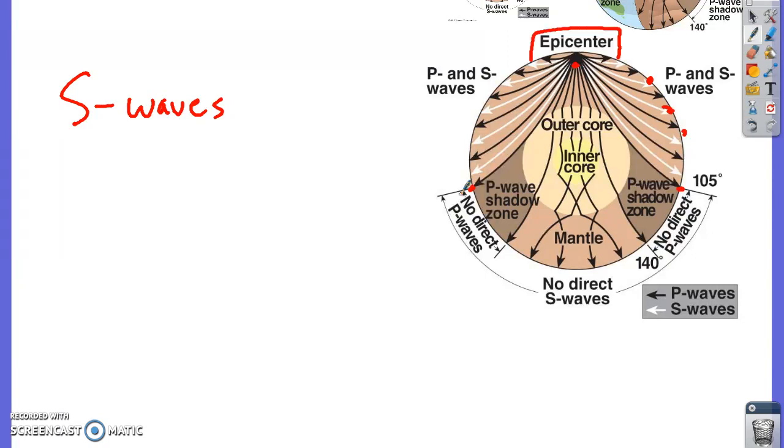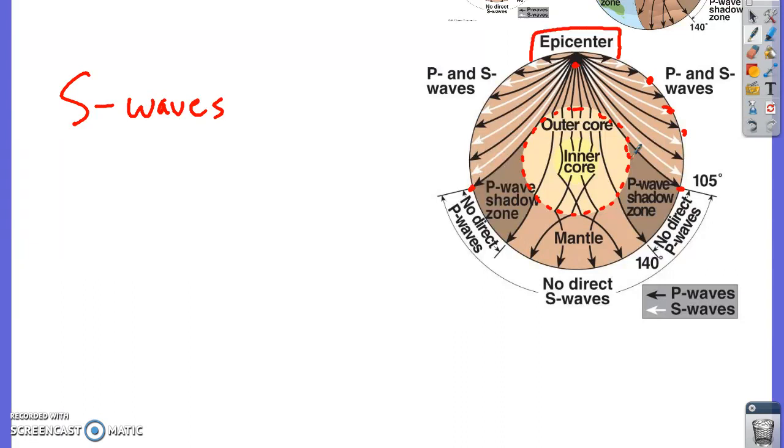Based on where they disappeared and the angle, the best explanation was that they were hitting something liquid, because S waves cannot go through liquid. But the P waves continue to pass on through. They can go through a liquid, but the others could not.